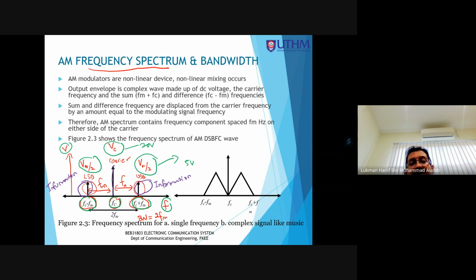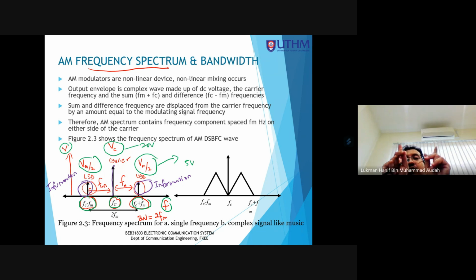Information is only contained in the sidebands, and you see that it is duplicated information. That means the information in the upper sideband is the same as in the lower sideband. It looks like you are transmitting twice. In AM double sideband, it looks like you are transmitting the signal twice, because the information is duplicated.